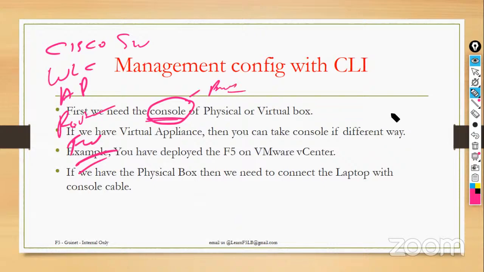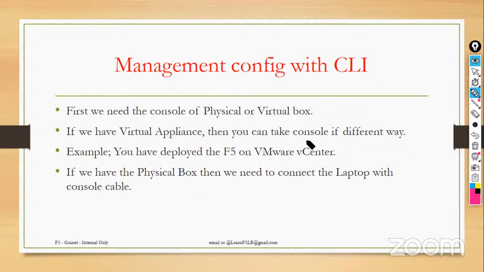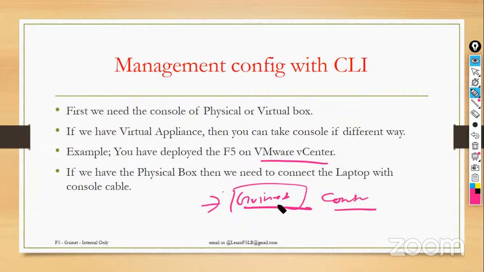Right? So if we have the virtual appliance, you can take the console, and it may be a different way. If you configure the F5 in your VMware environment, you can take the console of the VMware. You need to log into the VMware vCenter, and then you need to find this machine, for example, that you created the F5 with the name GuiNet. You need to click on the console button and you can take the console.